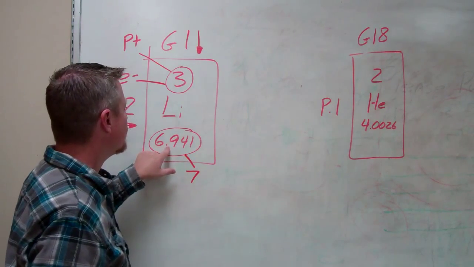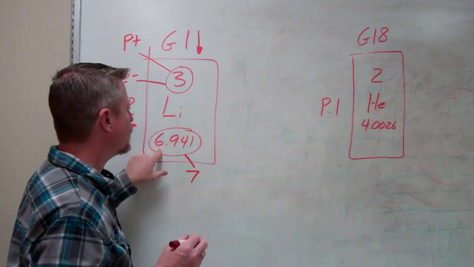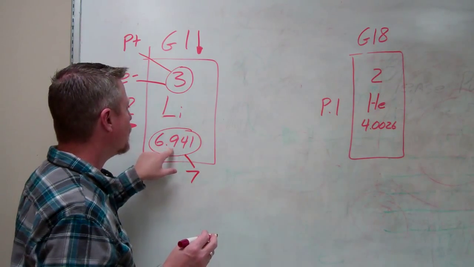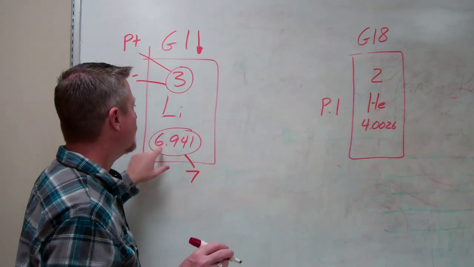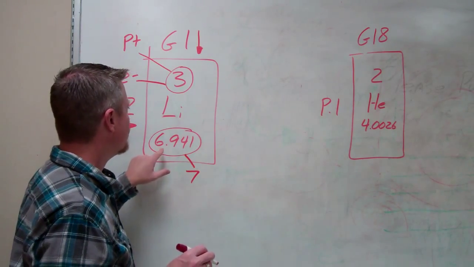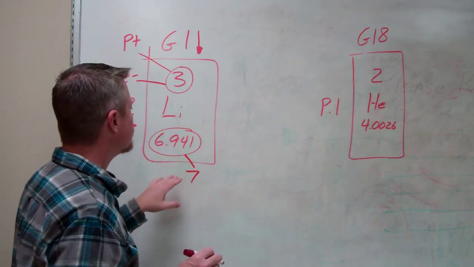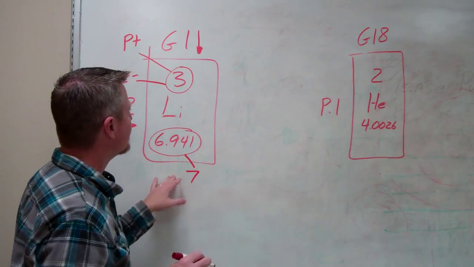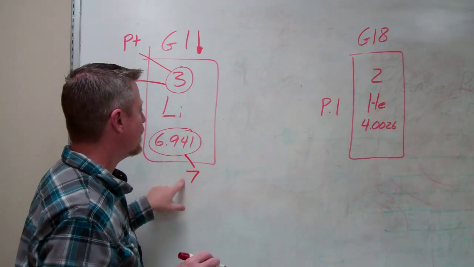And so anytime this number beside the decimal point is 5 or higher, we round the whole number up. If it is lower than 0.5, so if it's 0.4, 3, 2, 1, or 0, then we just keep the whole number. But because it's 0.9, we're going to round the number to 7. Now remember, once we do that, we're saying that the average atom of lithium weighs 7 AMU.